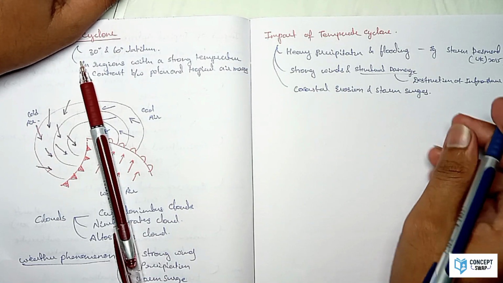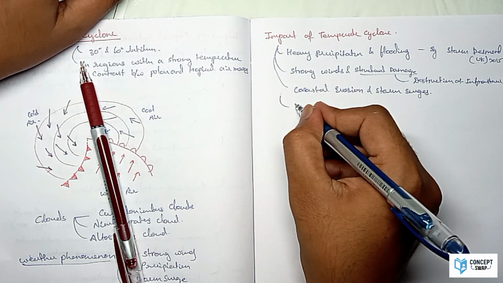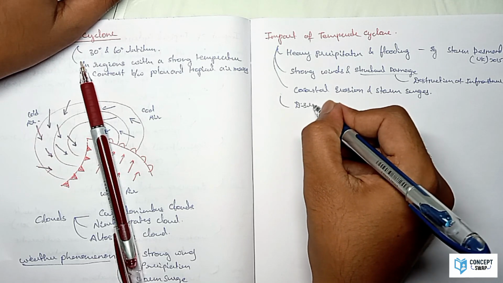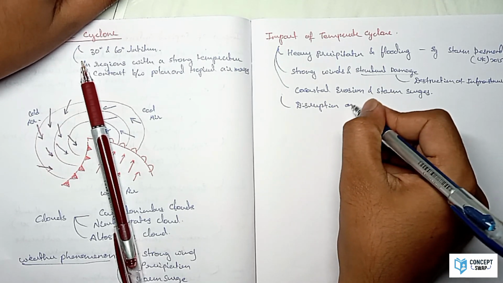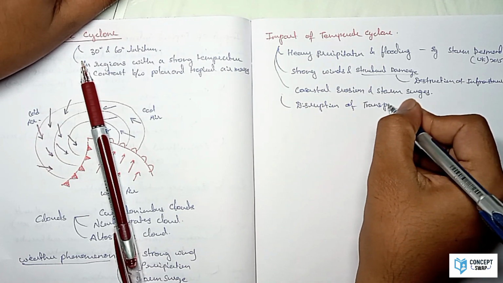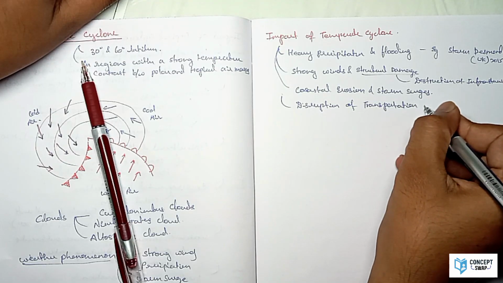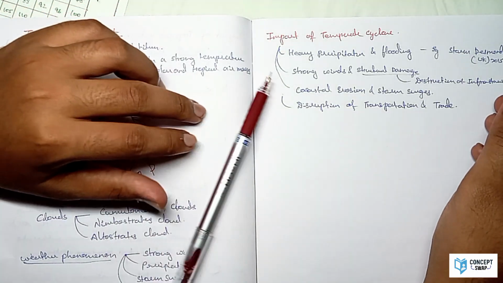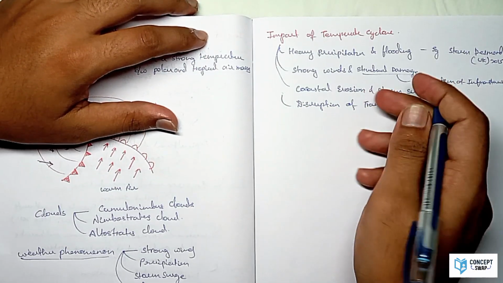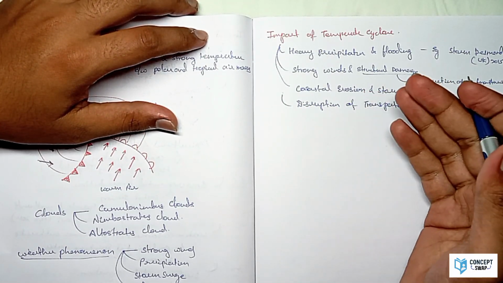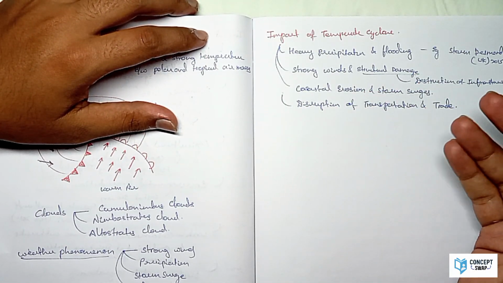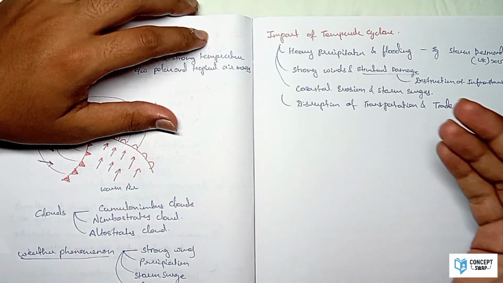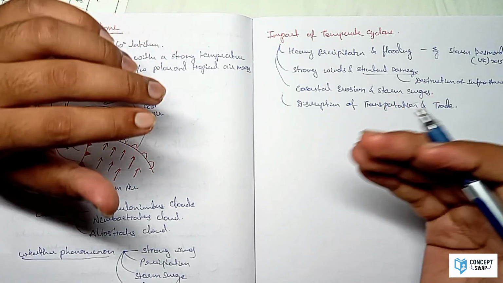Then the next thing is disruption of transportation and also trade. Obviously, if there is a cyclone, the movement of ships is affected, and there is destruction of roadways, and the airspace will also be closed due to the heavy cyclone or clouds.